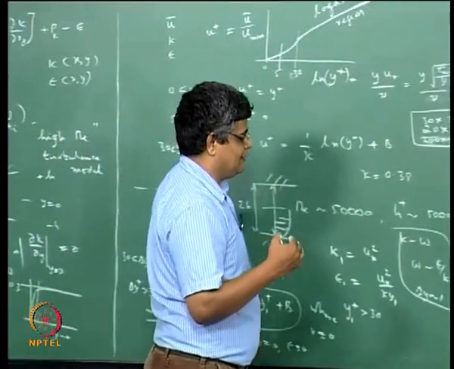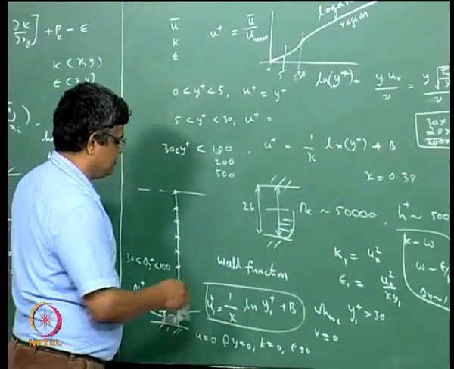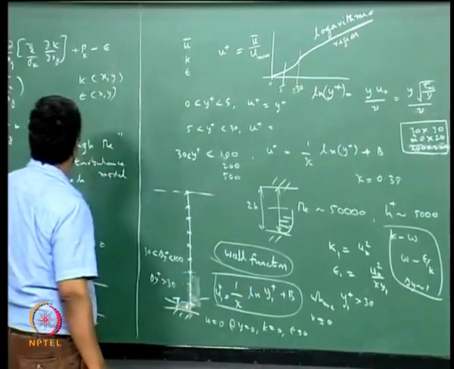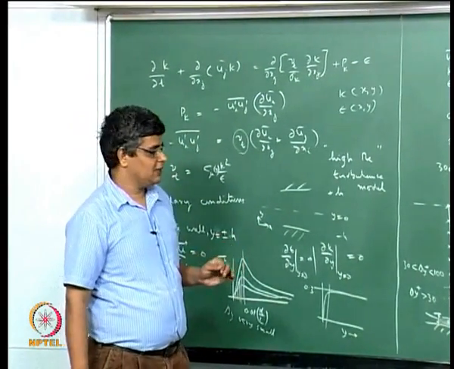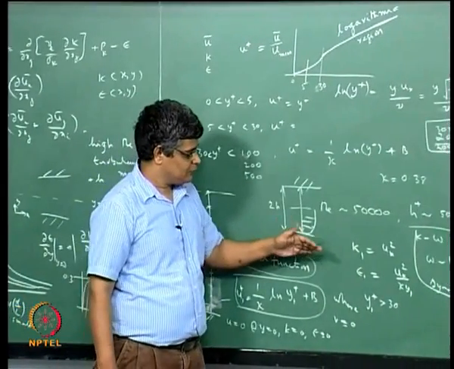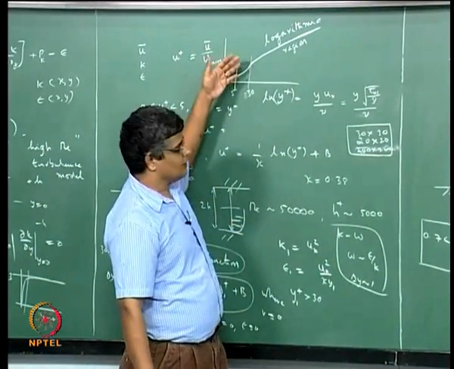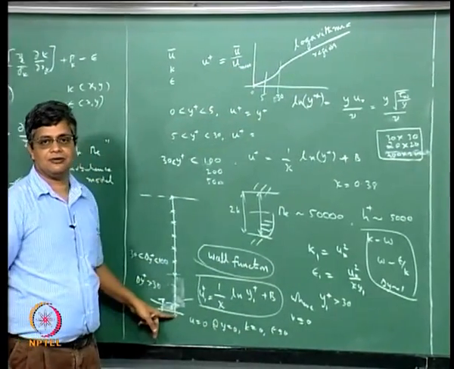So that is why in the general case we try to use the wall functions in order to represent the turbulence variation very close to the wall. But there are special cases where we may want to go to these kinds of models which enable us to compute the flow variables all the way to y equal to 0.